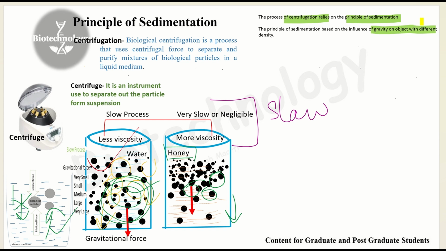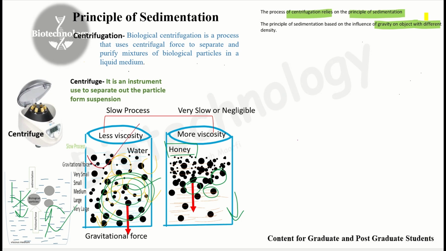But if we want to apply the same principle for the biological sample, then we need to add some external force. That force may be the centrifugal force. So why we need centrifugal force for the biological samples?